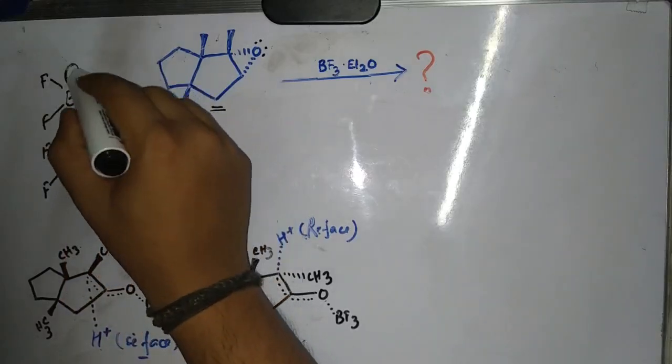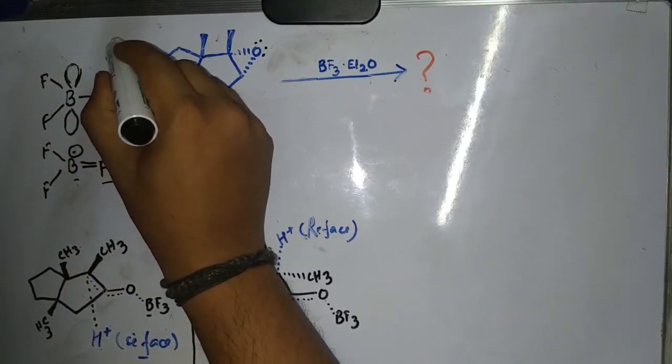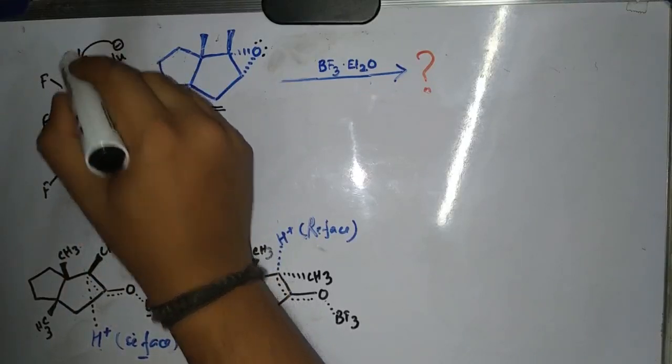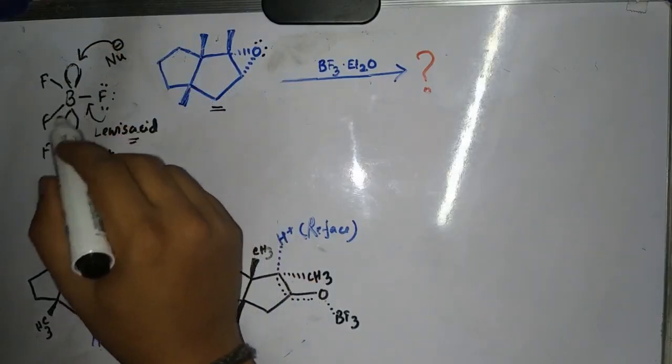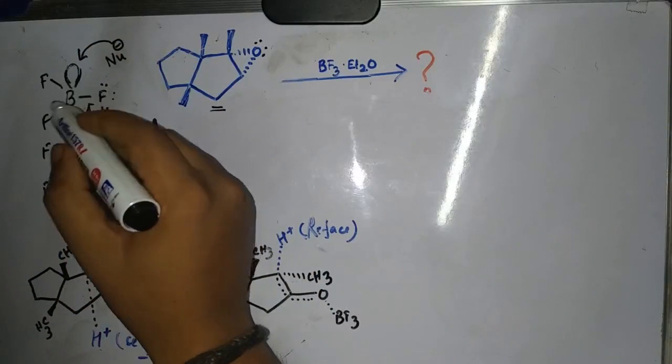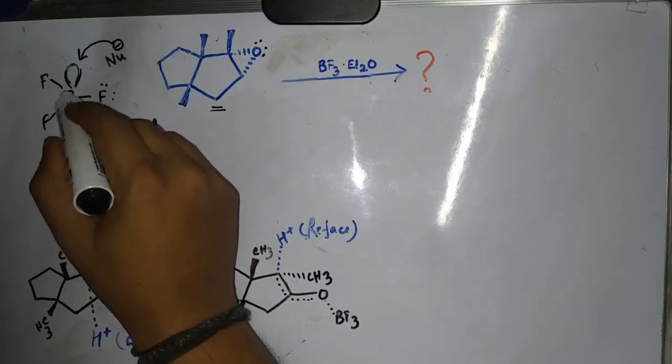This vacant p orbital can also accept electrons from an outside source. If any nucleophile donates electrons to this boron vacant p orbital, it can form a Lewis acid complex. Any substrate which has a lone pair can donate electrons to this boron p orbital.